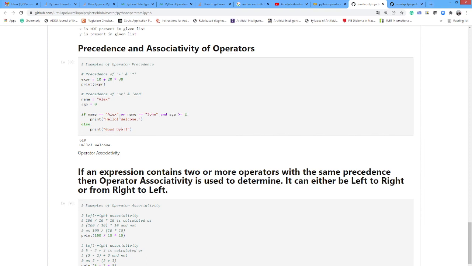Name is equal to Alex is true, or name is equal to John is true, meaning with or any one condition should be satisfied, and age is greater than or equal to 2 is not satisfied, therefore it prints goodbye. If name is equal to Alex and age is greater than or equal to 2, then it prints hello welcome, otherwise it prints goodbye.